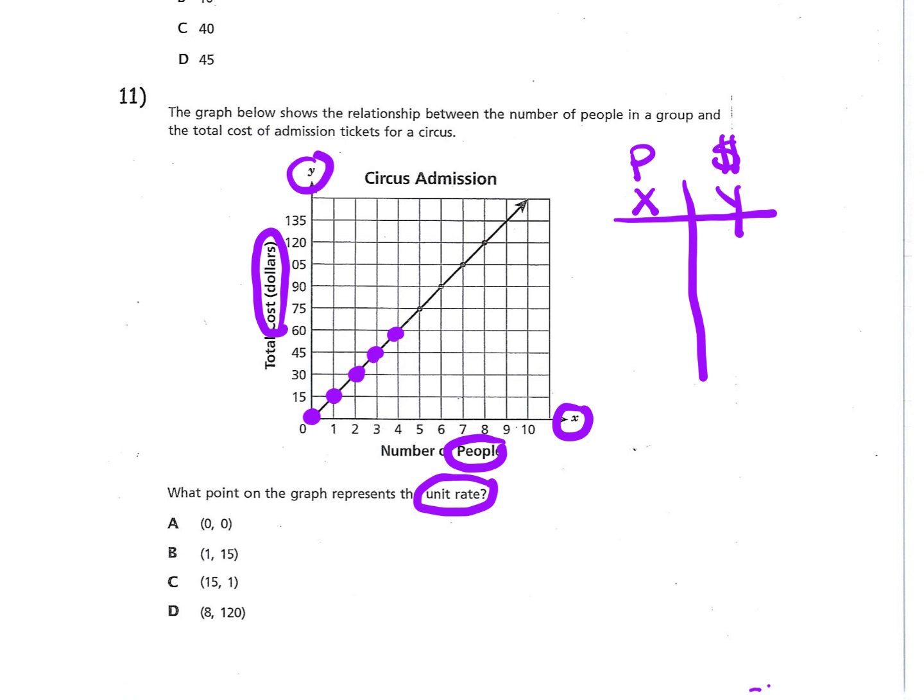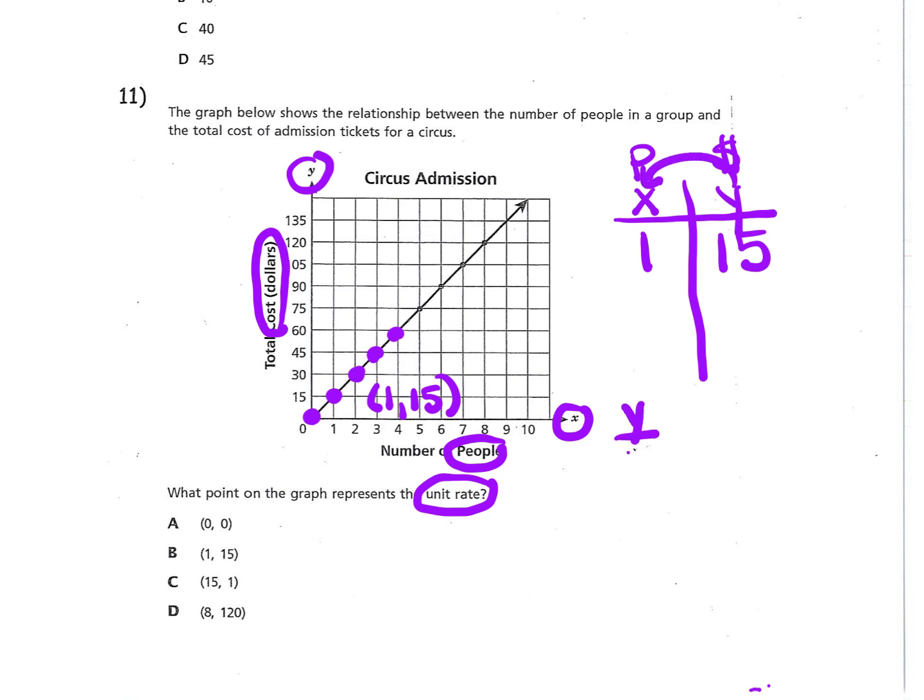My first point is right here, 1, 15. One person pays $15. I can stop right there because I can see that that is the unit rate.